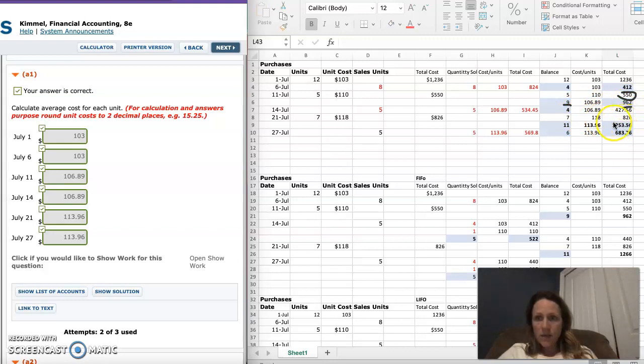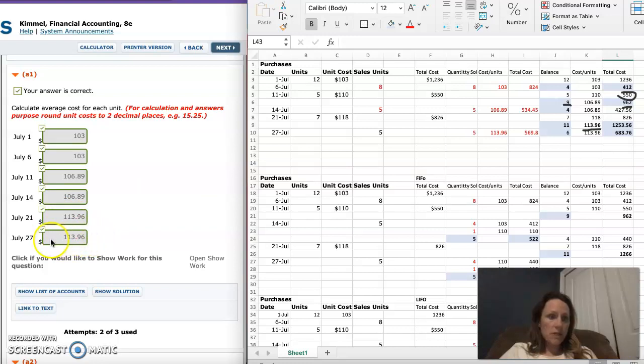We add those together and we get 1,253.56. And we divide that by the total units, which is 11, right there. And so then we get 113.96. So then we put 113.96 into July 21st.